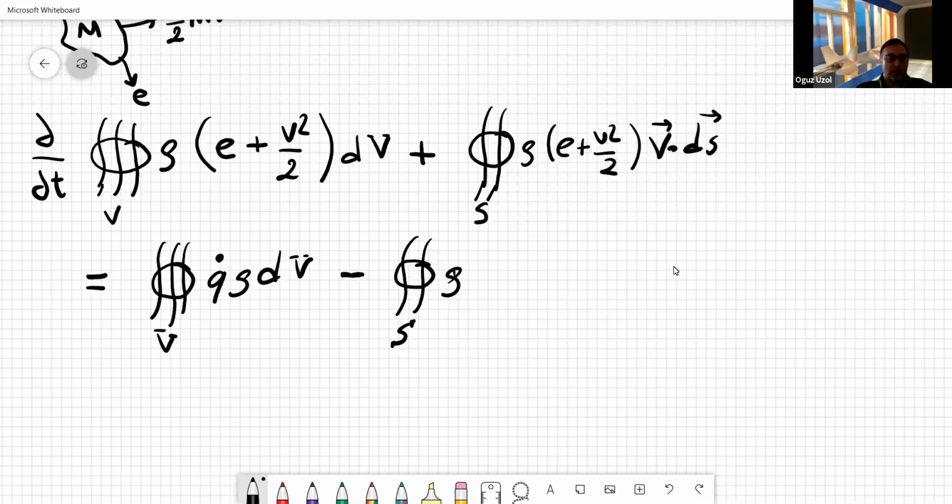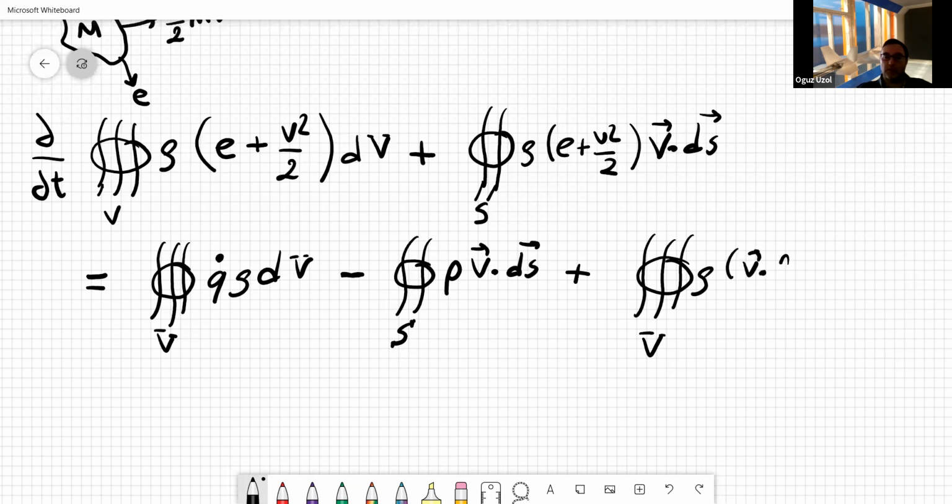Sorry, not rho, but this must be P. P times V dot product S designates the work done. And if there are any body forces that are acting on the volume and the fluid particle is trying to push them away or getting squeezed because of them, that's also generating some work.